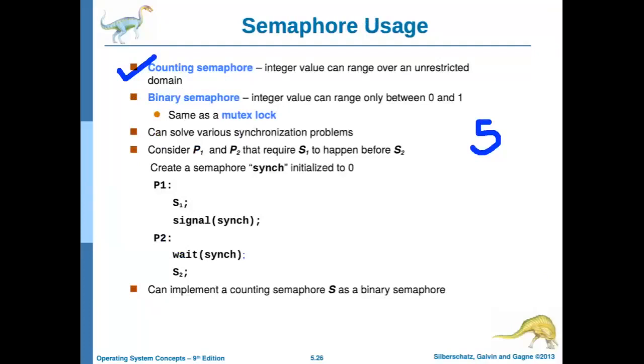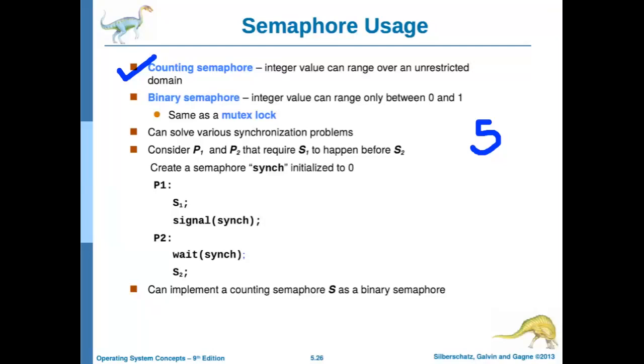If one process comes and wishes to take a printout, it will go through wait on S, the semaphore variable S, whose value was 5, for example. As we have already seen, wait simply decrements the value by 1, so it becomes 4.